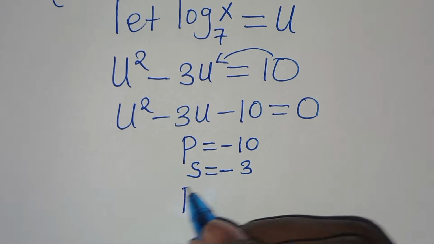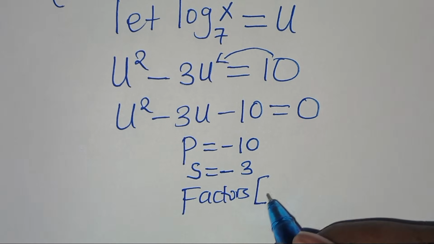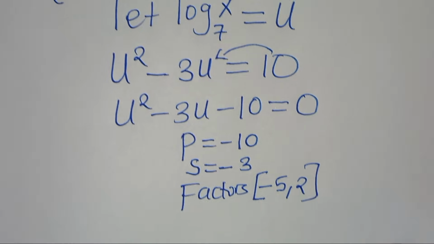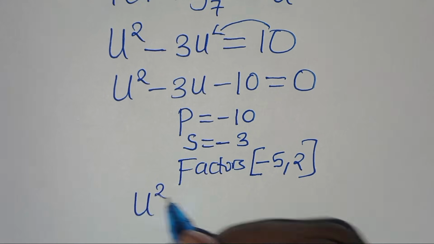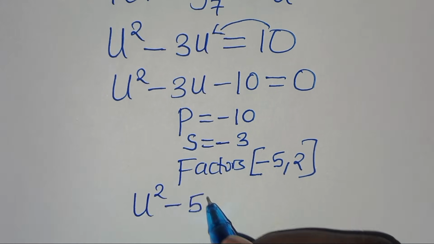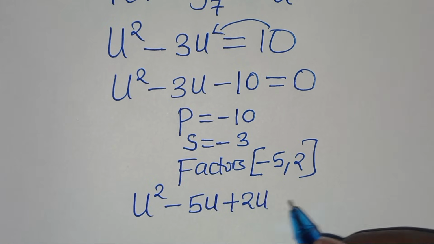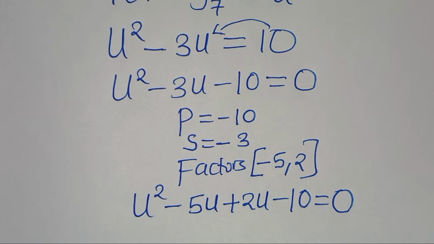So these two factors are minus 5 and 2. So let's substitute this so that we have u to the power of 2 minus 5u, then plus 2u minus 10. This is equal to 0.